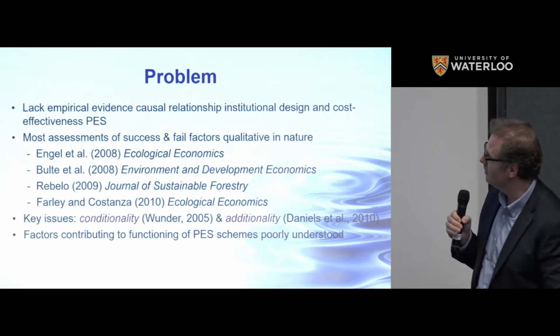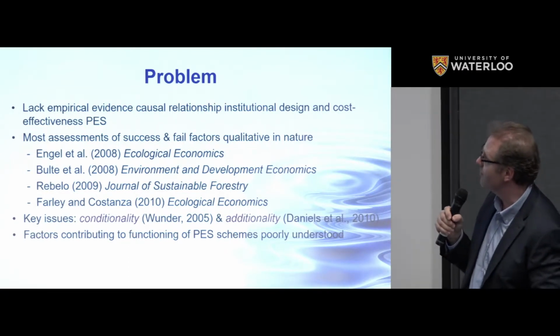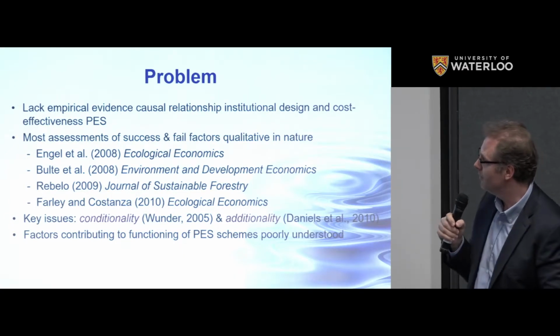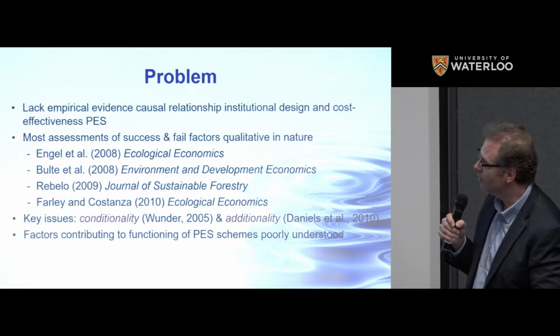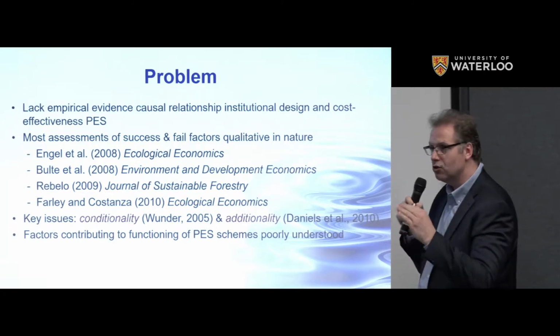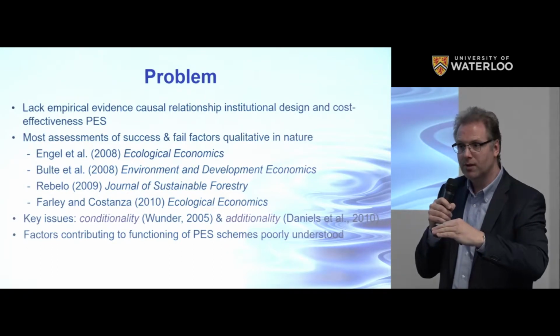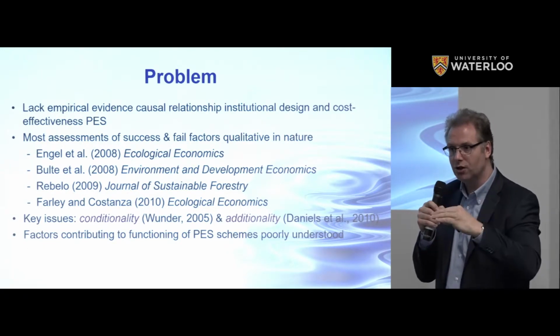There is some literature on it where they look at the success factors of these schemes, and typically they're very qualitative in nature. What is very important when you talk about these schemes is conditionality and additionality. Conditionality is that you really want to make sure that if you pay for something, you get what you're paying for, so that the condition is that you pay for a particular service.